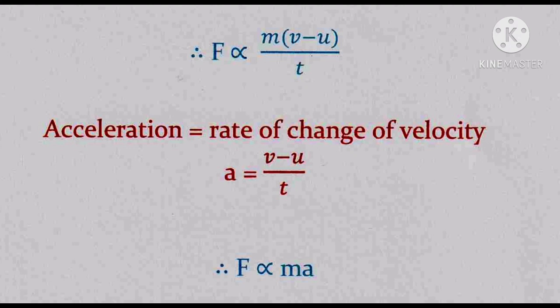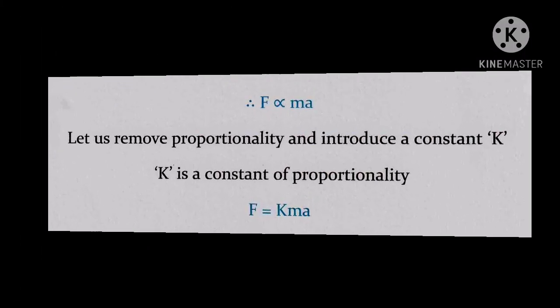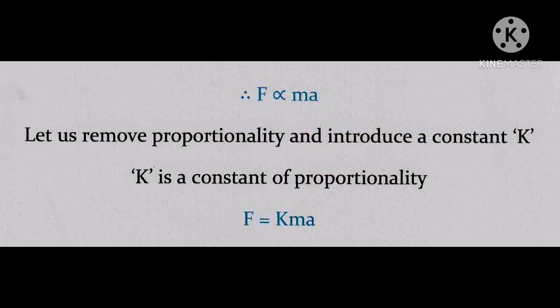So in place of v minus u by t, we substitute a. Therefore, we get F proportional to m into a. Let us remove the proportionality and introduce a constant k. k is a constant of proportionality. Therefore, force F equals k into m into a.